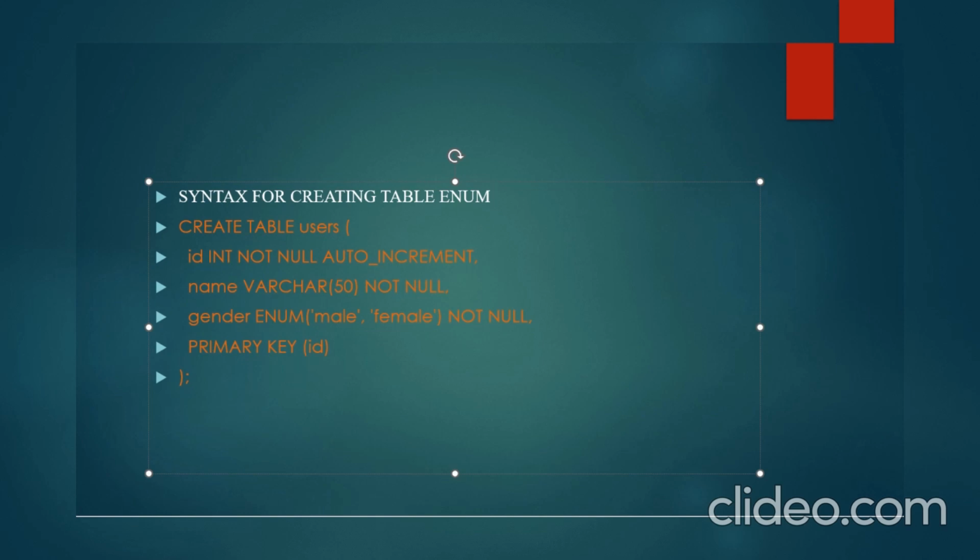The id is the integer data type and the primary key of the table users, and name is a varchar data type. In this table, the gender column is stored as enum, and as I told you, the list of values is stored inside parentheses. Here the list of values for the users table is male and female. That's all.